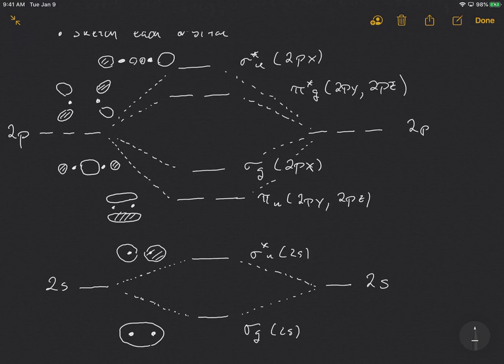So for the 2s, the lowest energy orbital, which is our bonding orbital, is the sigma g 2s. And then we have this antibonding orbital, sigma star u 2s.